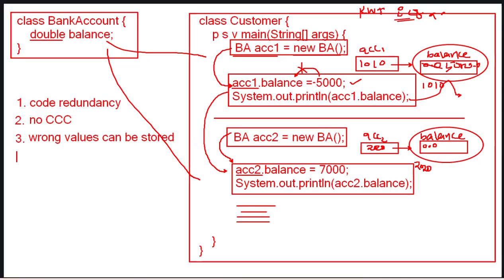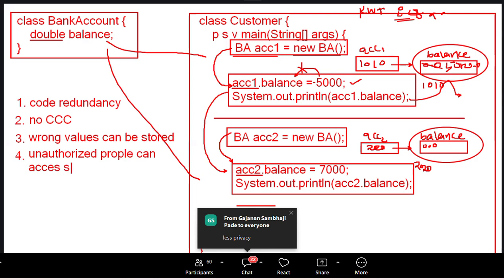And third, tell me now, because I provided direct access to the balance variable, can anyone access it or not? That means unauthorized people also can access our object data.